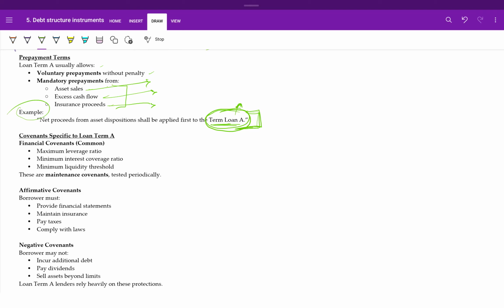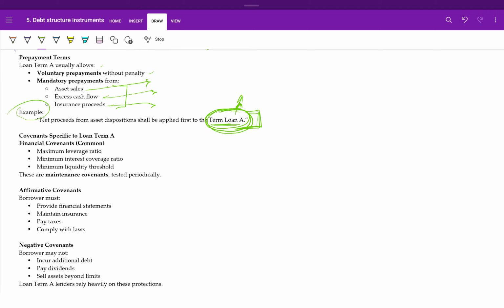And why first? Because loan term A is designed to exit the capital structure early, and prepayments are not optional generosity. They are contractual risk extraction. And if we pay it first, the interest amount is also lesser here, and they have the first claim to the cash flows.